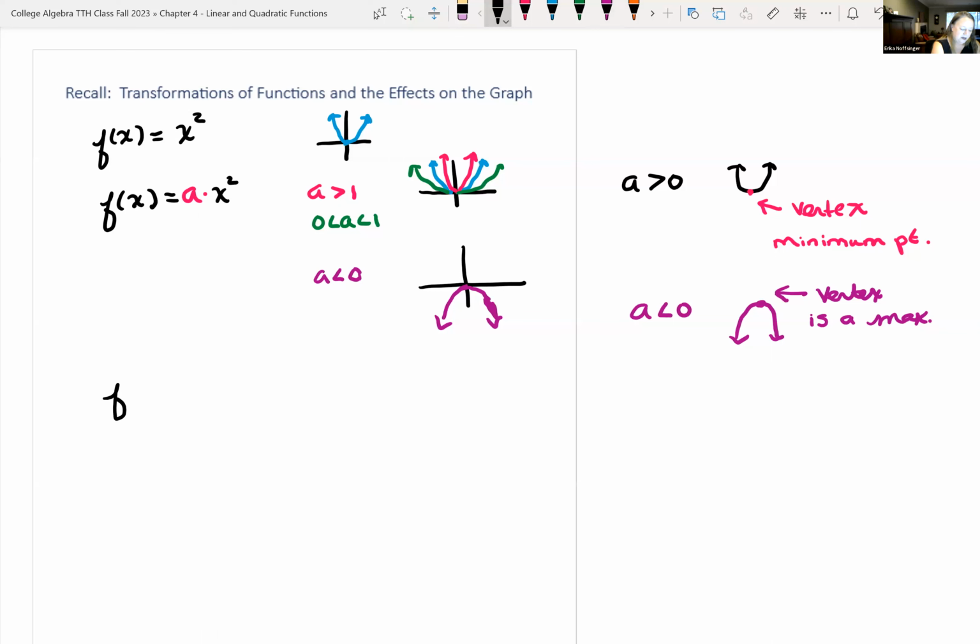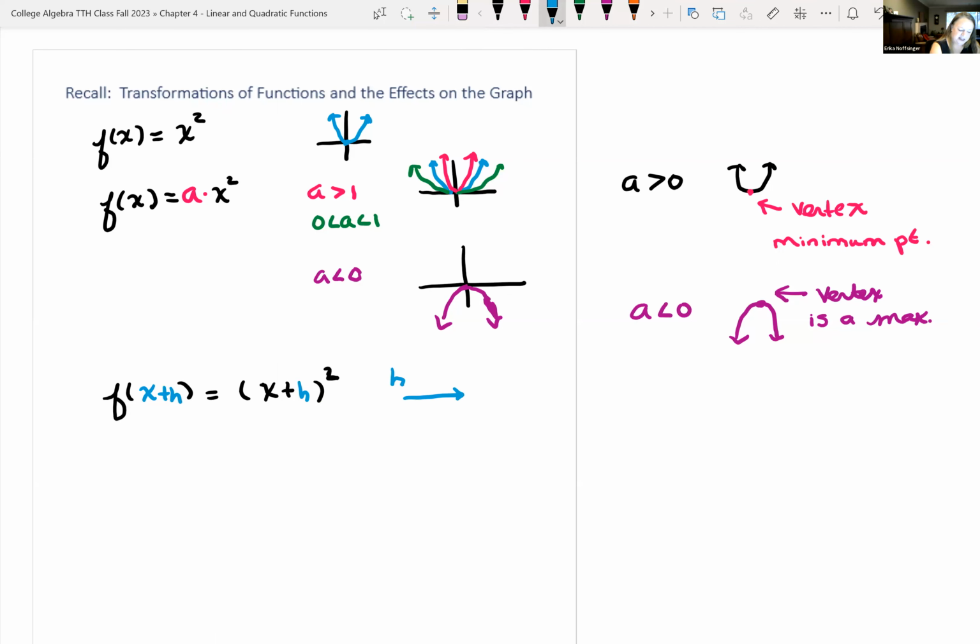Remember, if we had added something inside, so x plus h, f of x plus h, this was a horizontal shift.